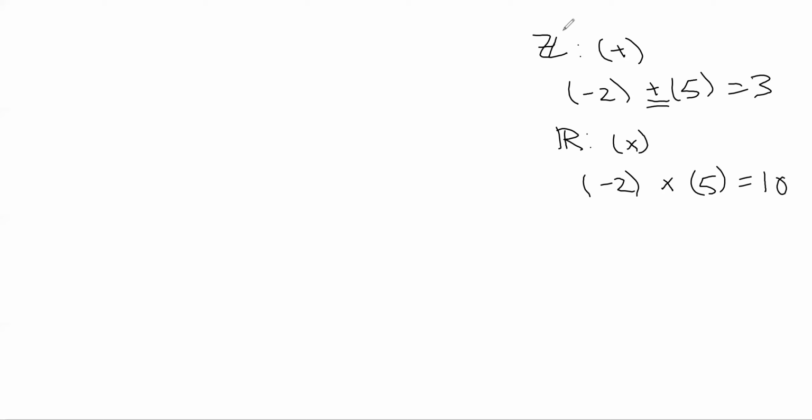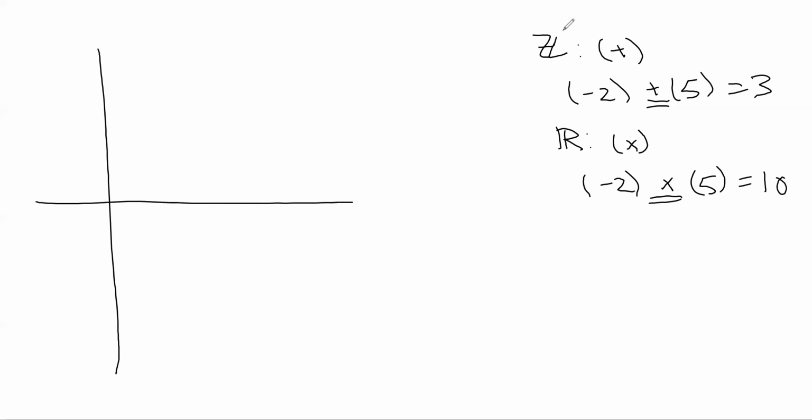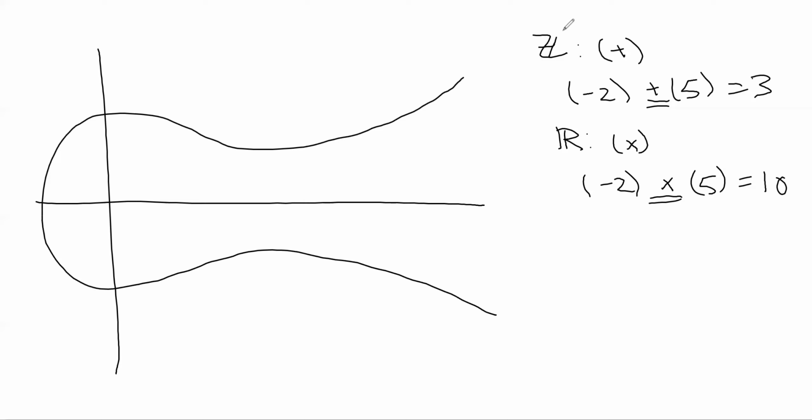So we know how the plus operator, the group operator in the integers, works. We know how the multiplication operator, the group operator in the real numbers, works. And then the question is, if elliptic curves are also a group, how does the group operation plus work in this scenario?